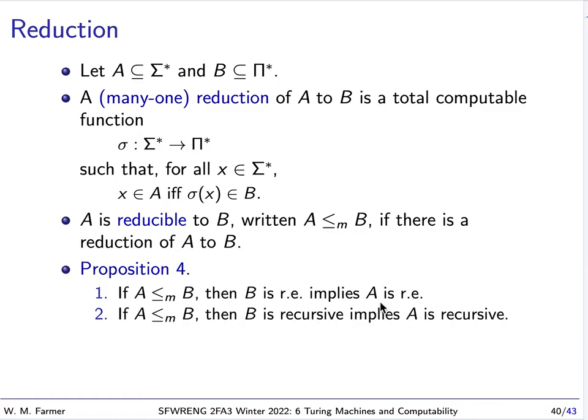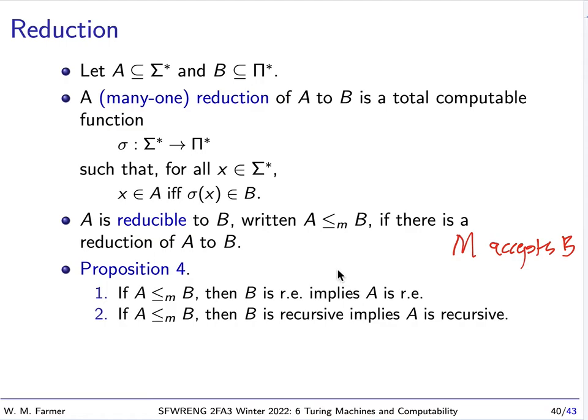So how do we know this is true? So let's assume A is reducible to B and B is RE. So if B is RE, there's going to be some M that accepts B. And so we can come up with now a machine that will accept A. How does this work?